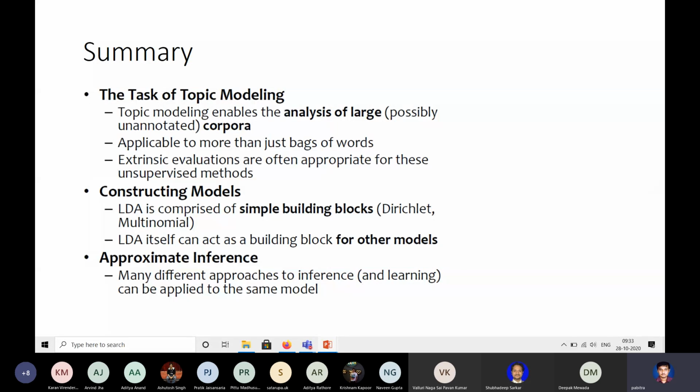So this is a very powerful method. Most of the machine learning toolboxes or natural language processing toolboxes will have different kinds of LDA implementation, so you can very easily use them. What I urge you to try, just to get a feel, is the effect of the alpha and beta parameters and the effect of the number of topics.